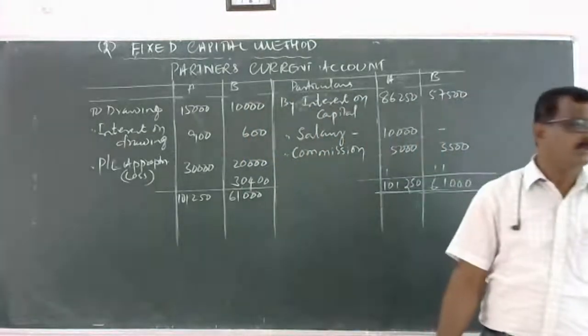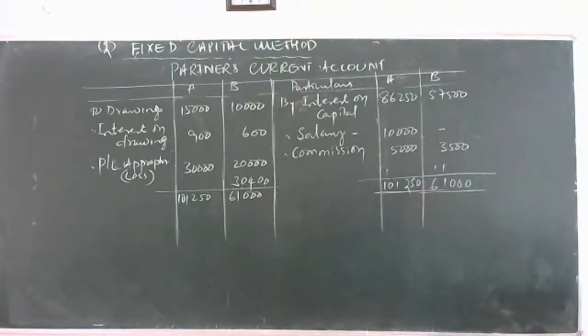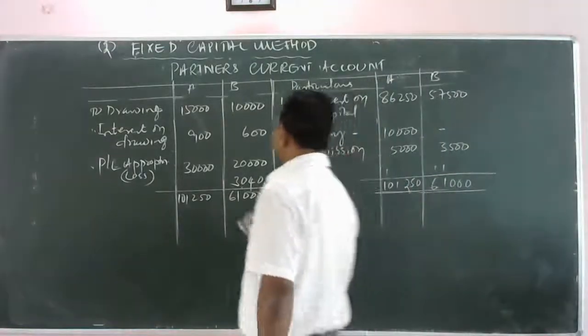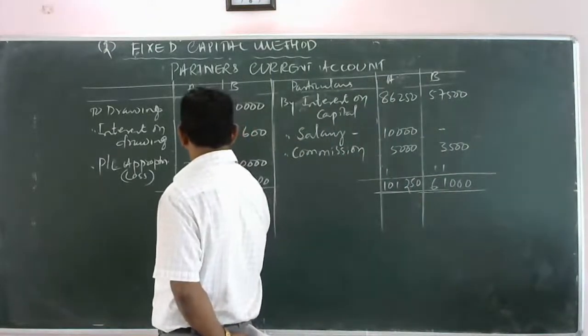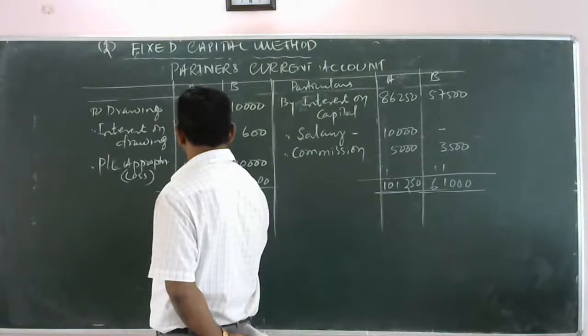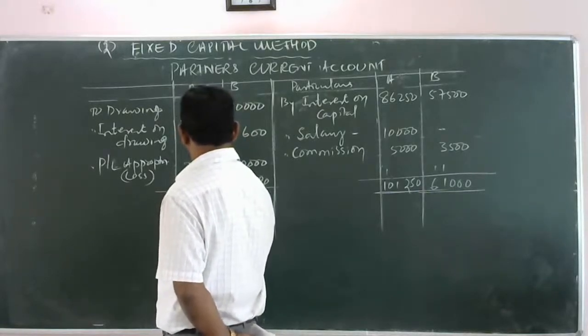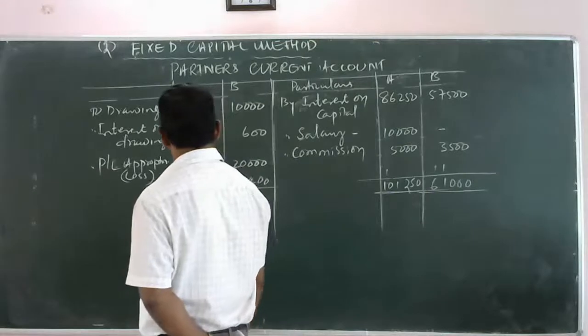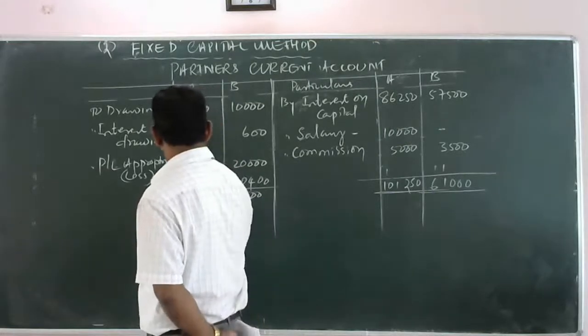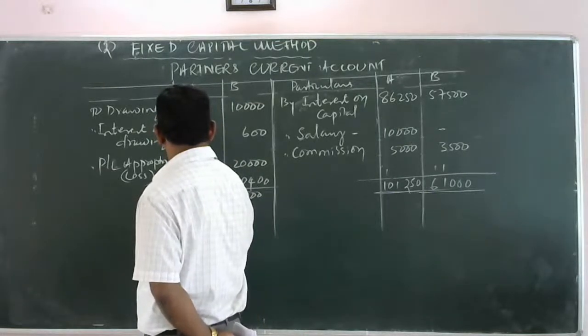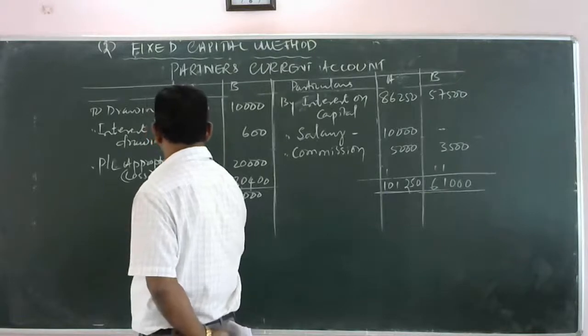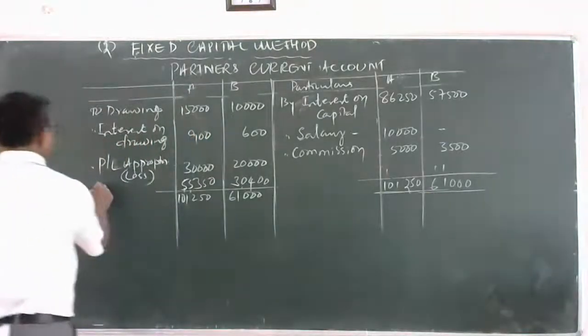B's current account balance is 30,400. A's current account balance should be 55,250.